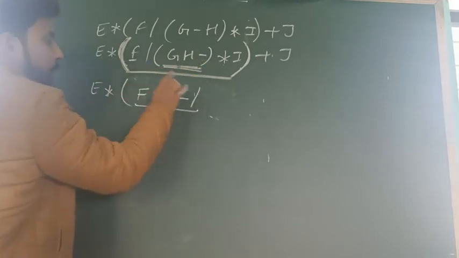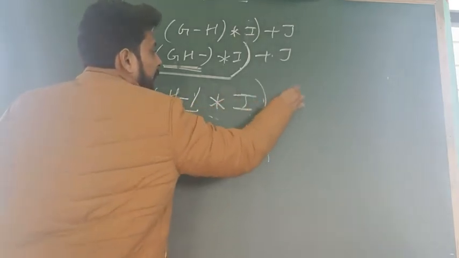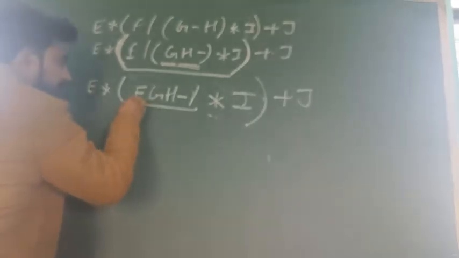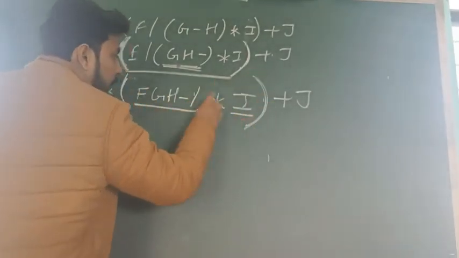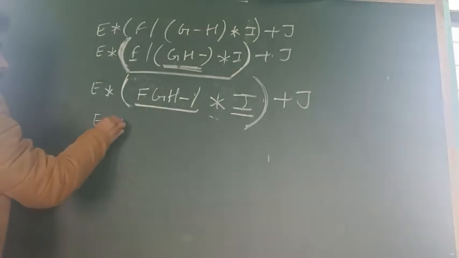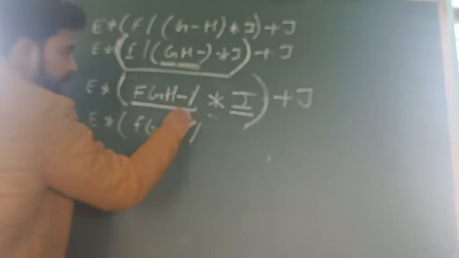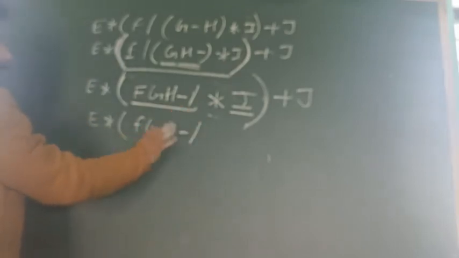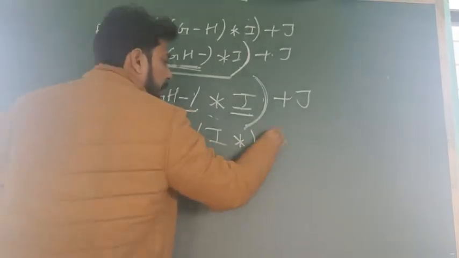Now this becomes one operand into I, then bracket plus J. Now this is one expression, this is another expression, they are enclosed in a bracket, so first this bracket will be solved. So E into F G H minus plus minus divide, this is one expression, after that your I, then your operator, then plus J.